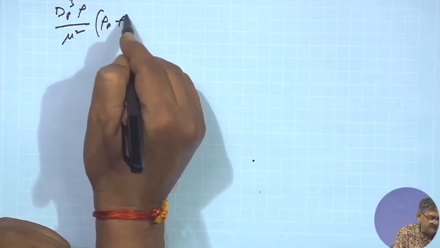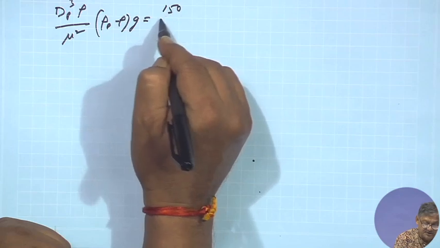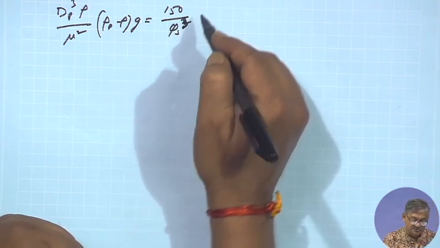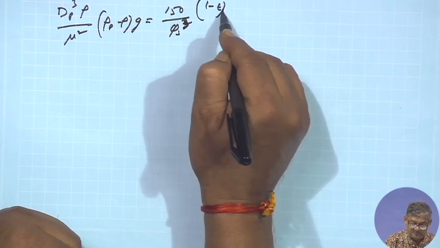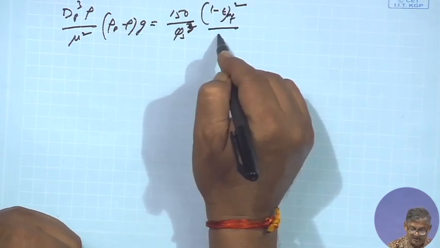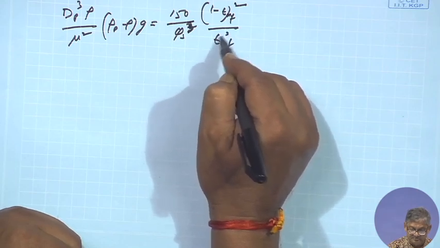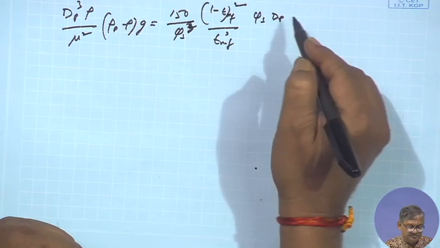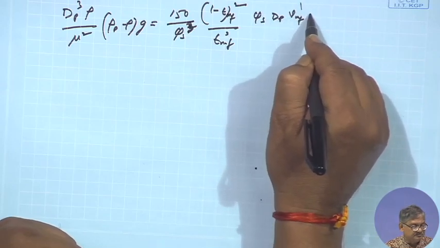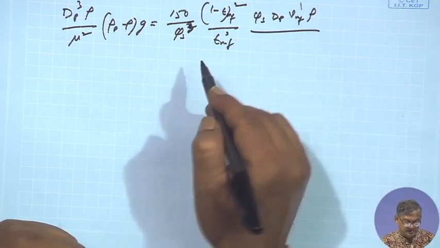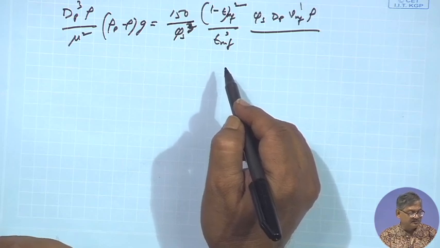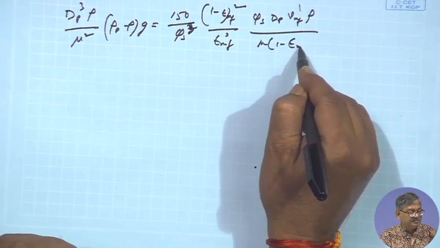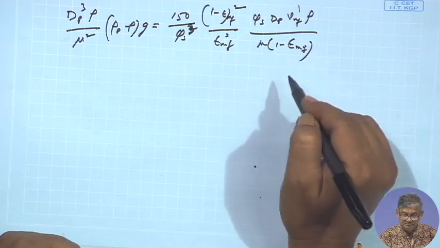into (rho_p minus rho) g, this is equal to 150 by phi_s cubed into (1 minus epsilon_mf) whole squared by epsilon_mf cubed into phi_s d_p V_mf prime into rho by mu (1 minus epsilon_mf), right.